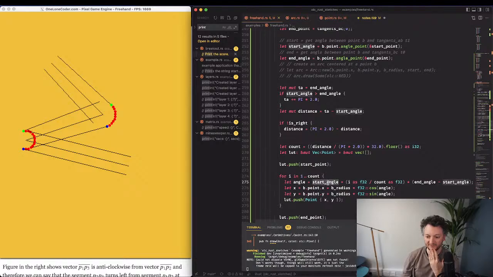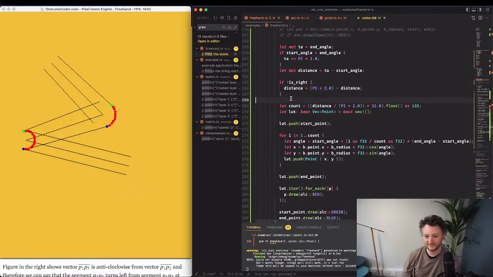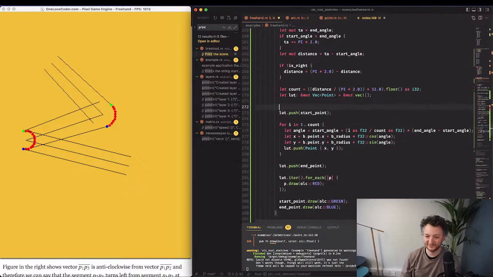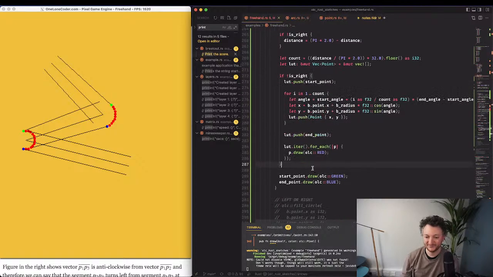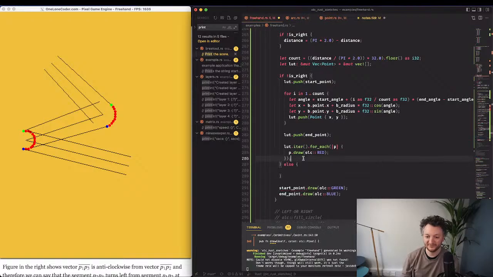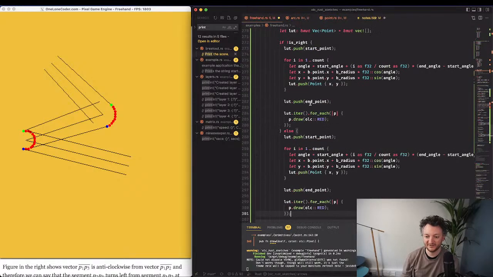So the start angle. I'm going to have to, hold on, let me break this down here. We'll do the same thing twice, and then work it out from there.